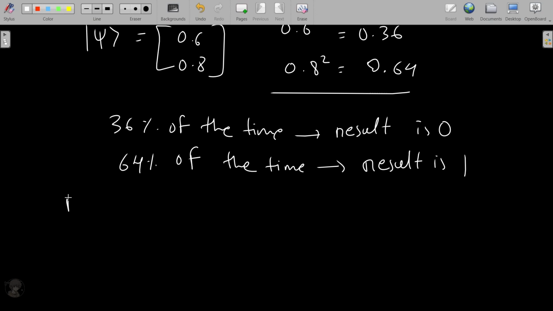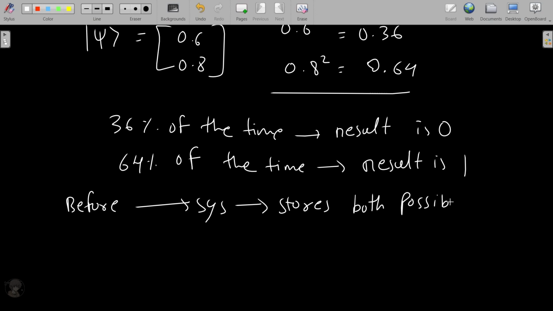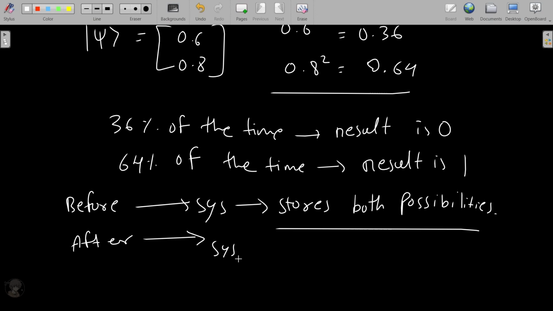So before measurement, the system stores both possibilities. But after measurement, the system becomes the observed state.